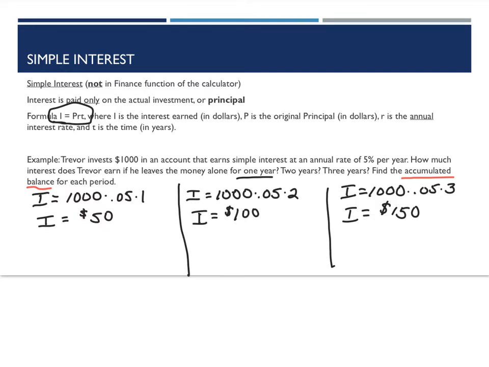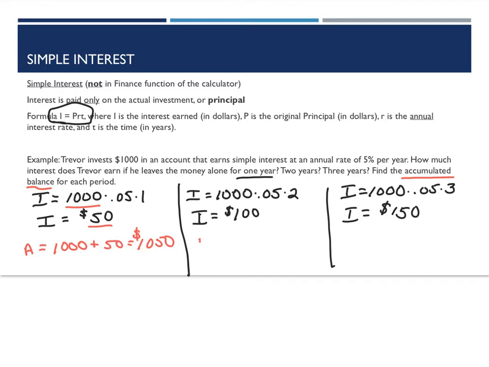So that accumulated balance, I'm just going to use A for accumulated balance, is the principal that he started with plus whatever interest that he earned. So for 1 year, his accumulated balance would be the $1,000 he started with plus the $50 interest. So at the end of the year, he would have $1,050.